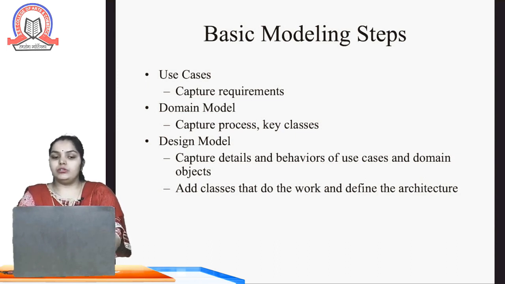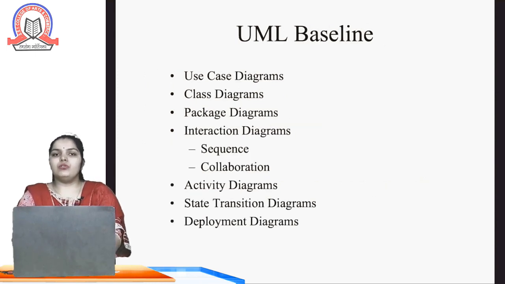After that come design models, which capture the details and behavior of the use cases and domain objects, and the classes that do the work and define the architecture. If we go to the baselines of UML, there are use case diagrams, class diagrams, package diagrams, and interaction diagrams, which are divided into two parts, sequence and collaboration. We can also give activity diagrams, state transition diagrams and deployment diagrams.